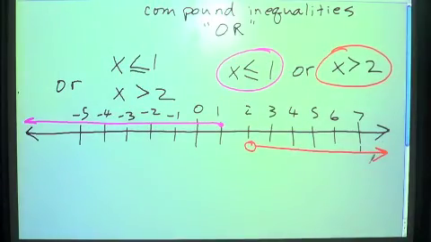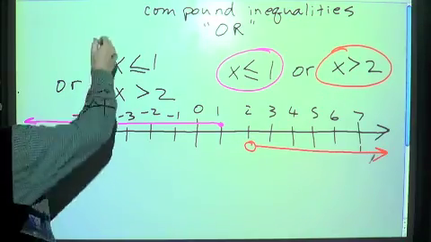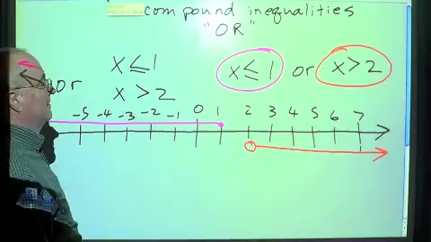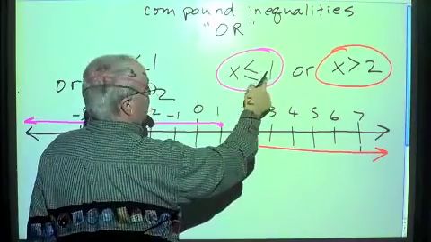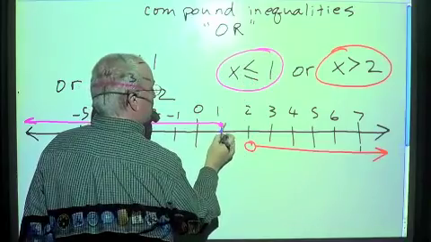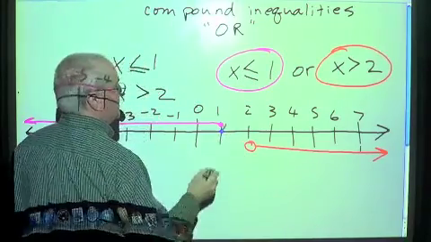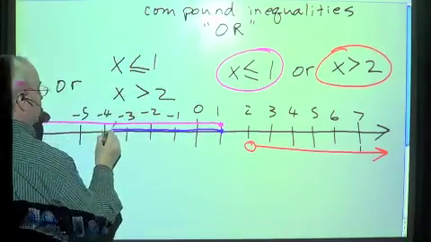So let's look at the combination of the two. What is the combination going to be? X is less than or equal to 1, so we're going to combine these. It's going to go this way.